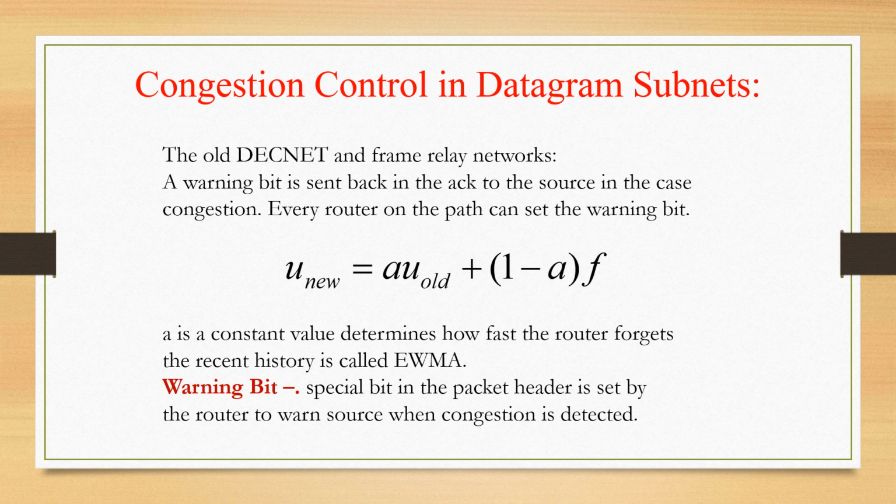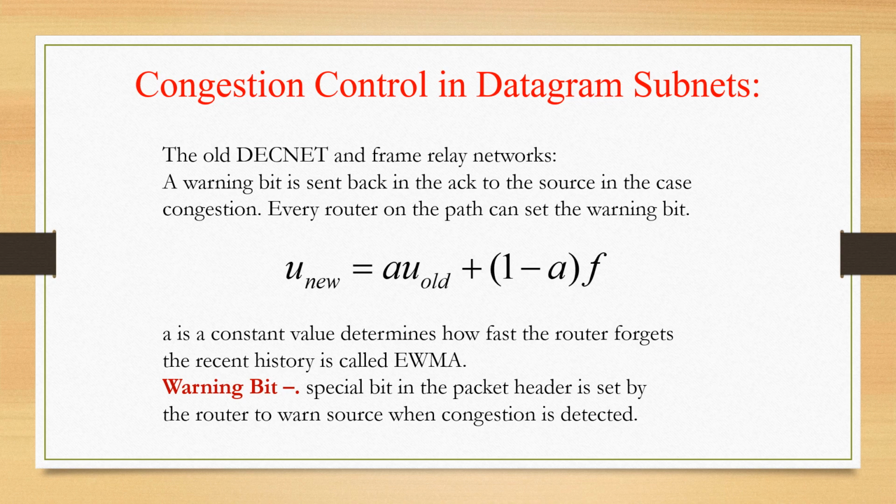Maintain a good estimate of the queuing delay U. A sample of the queue length S can be taken periodically and U can be updated as U new equals a times U old plus (1 minus a) times S. That is, new delay in queue equals a times the old delay plus (1 minus a) times the length of the queue. a is a constant value that determines how fast the router forgets recent history. That is EWMA. It is nothing but exponentially weighted moving average.